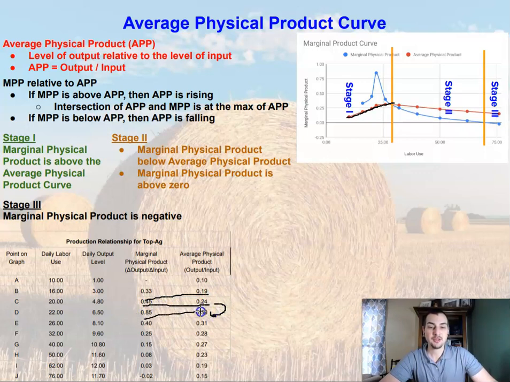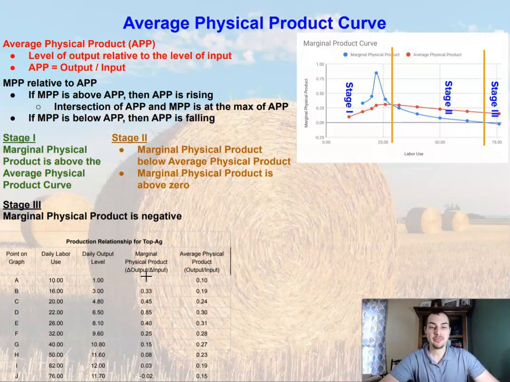So we keep looking at that, and lo and behold, as long as marginal physical product is above average physical product, it is continuously increasing. But then we get to this point where marginal physical product is less than average physical product, and we see average physical product actually begin to decrease. So average physical product is going to tell us how much output we can get per unit.